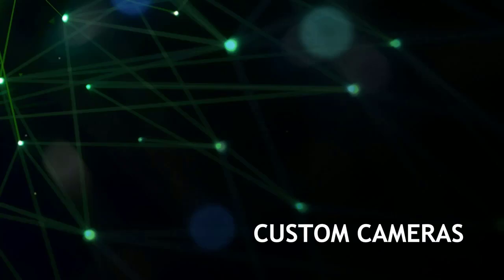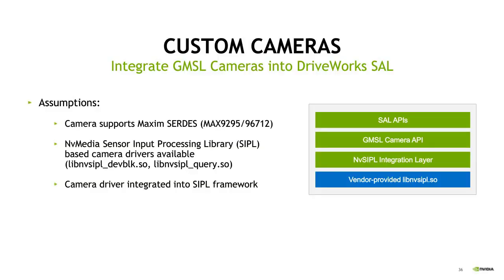Before integrating custom cameras into the DriveWorks sensor abstraction layer, there are certain assumptions that need to be satisfied. First, whatever custom camera module you're using has to be compatible with the serializer and deserializer combination on the board. We recommend using GMSL2, and the model numbers are Maxim9295 and Maxim96712.